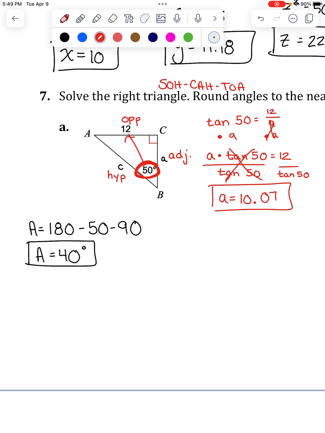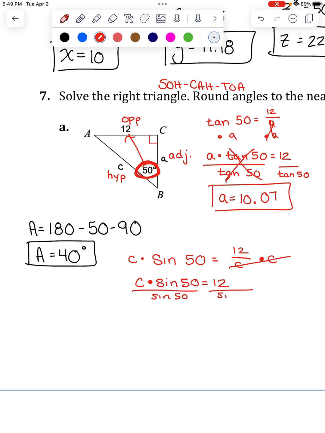Now I also want to solve for side C, and I can use Pythagorean theorem at this point, or I personally prefer to stick with trig. Opposite I know, hypotenuse I don't, and I'm looking for opposite and hypotenuse is sine. Sine of the angle equals opposite divided by hypotenuse, multiply by the denominator because the variable is in the fraction. C times sine of 50 is equal to 12, and divide by sine of 50.